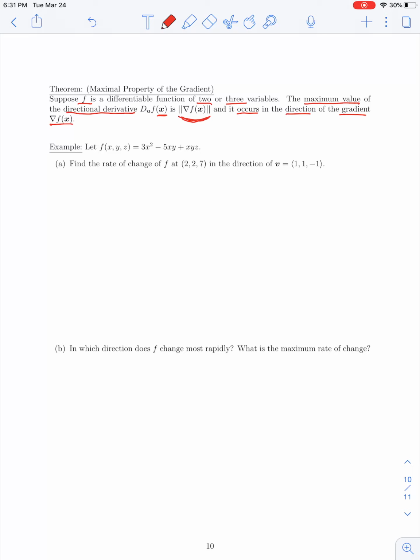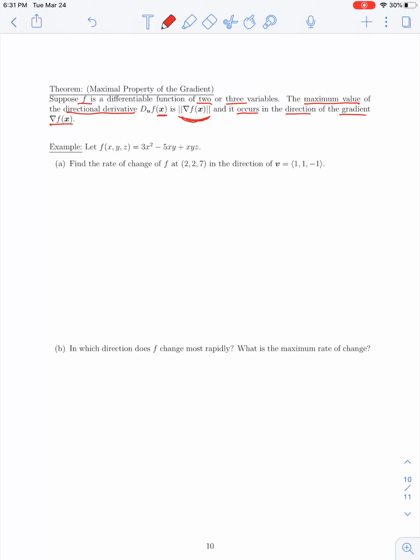So this has some very nice applications if we're wanting to most rapidly maximize or most rapidly minimize a given quantity. We would look at moving in the direction of the gradient vector, and the greatest rate of change, or the greatest directional derivative from any point, is then given by the magnitude of that gradient vector.